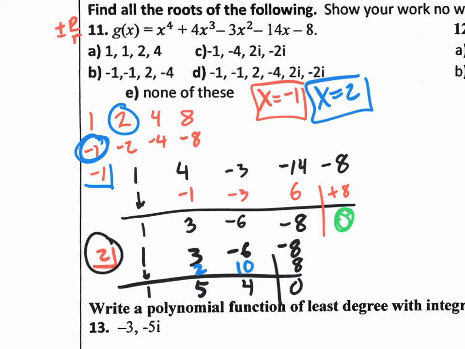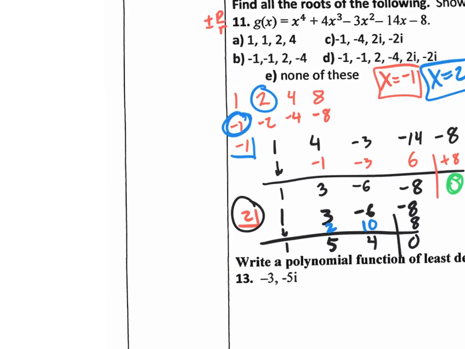But what you're supposed to do once you get to a quadratic is write it as a quadratic equation. Check it out. X squared plus 5x plus 4. And since they want the answers, you're going to set it equal to 0. You're going to factor, split, and solve, or use the quadratic formula. What times what is 4 that if you combine together is 5? Positive 1 times positive 4.